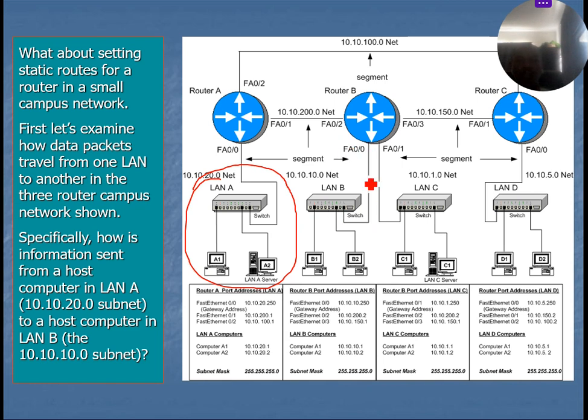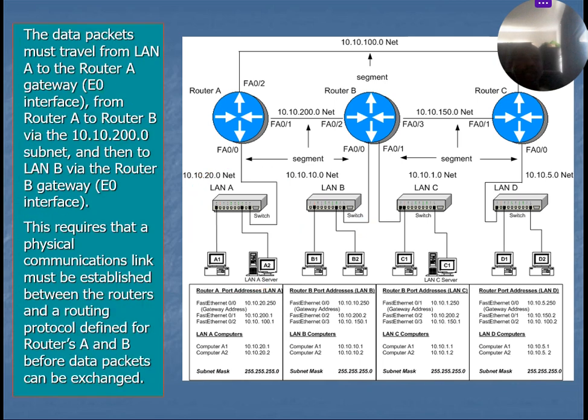You also have to enter the subnet mask or the default gateway for router B for LAN B, which is 10.10.10.0. Now, the data packet must travel from LAN A to router A first.